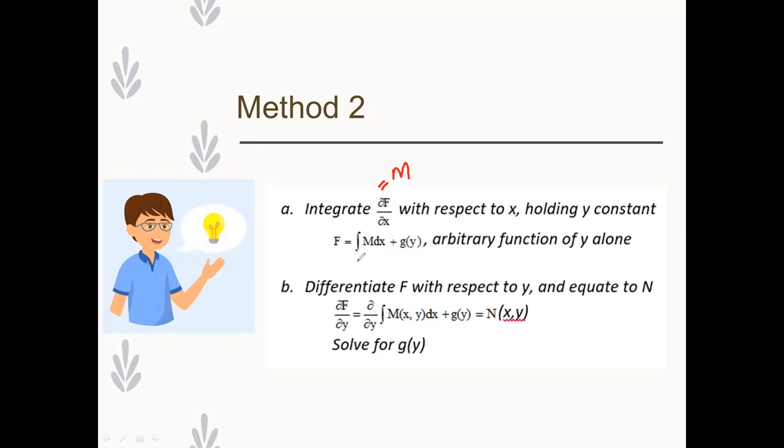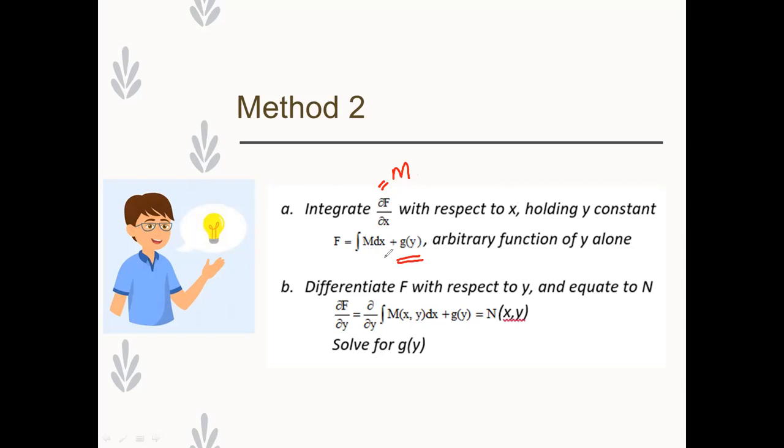So your f is equal to the integral of the M that is written as the coefficient of the differential of x in your DE, plus, instead of an arbitrary constant c, you have this g of y expression. This g of y, class, is a function of y. And how do we find this one?